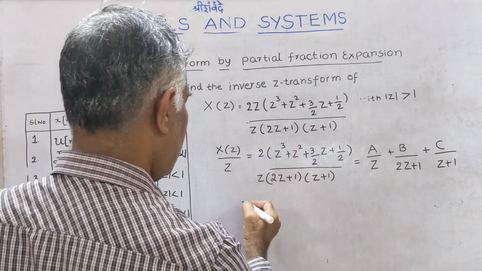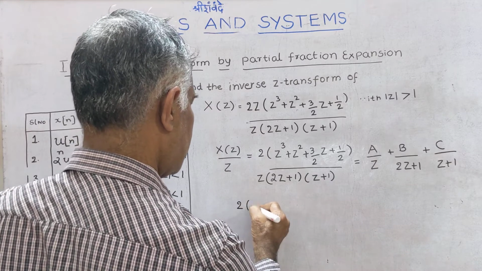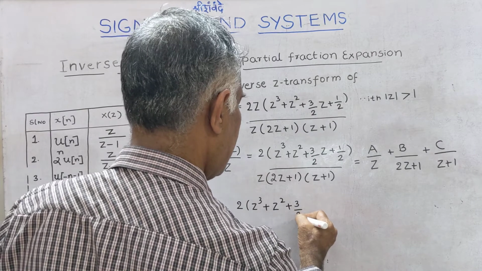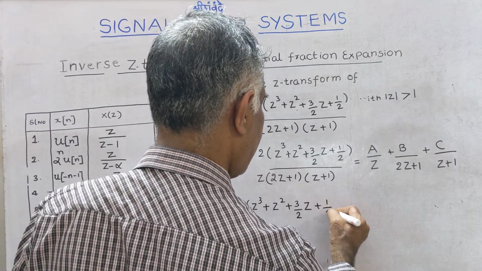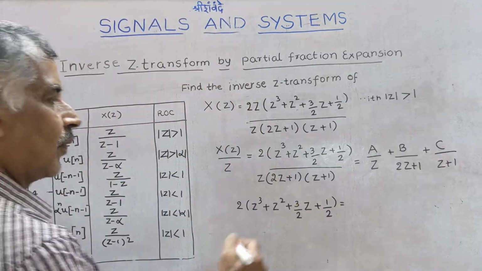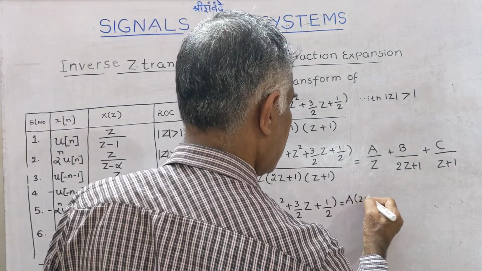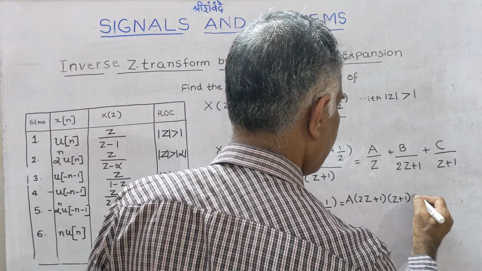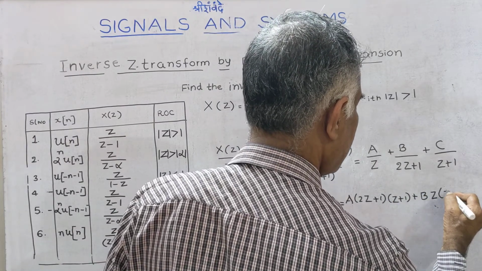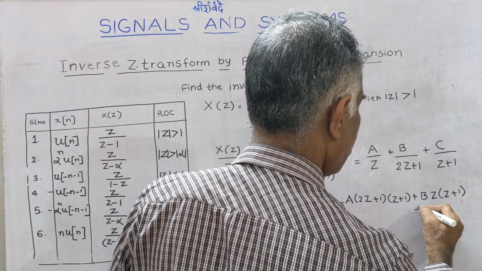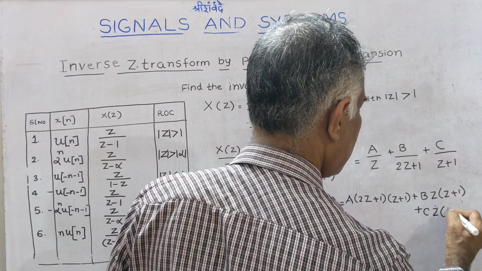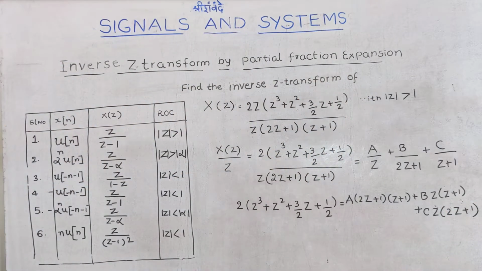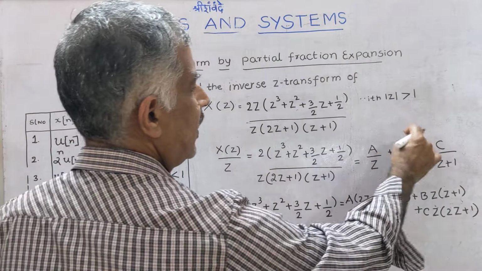Taking this, 2 into (z cube plus z square plus 3 by 2 z plus half) is equal to A into (2z plus 1) into (z plus 1) plus B into z into (z plus 1) plus C into z into (2z plus 1). Now I have to evaluate A, B and C.